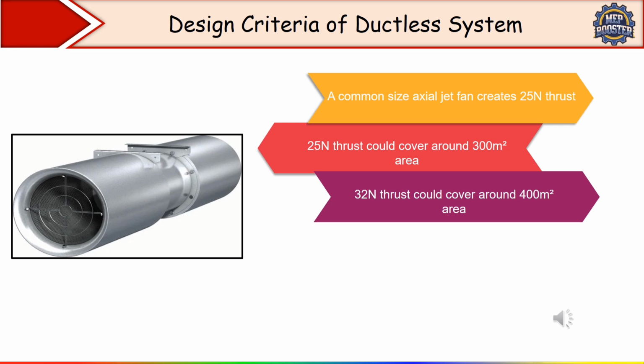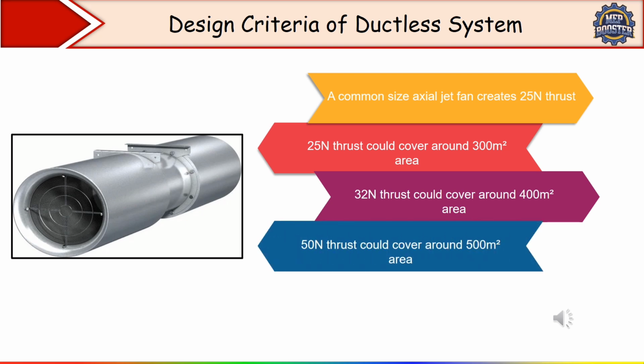If you have selected a 25 Newton thrust jet fan, remember that it can cover 300 square meter area. And if you have selected a 32 Newton thrust jet fan, that fan can cover around 400 square meter area. Remember all these points. This is very important during the placement of the jet fan.